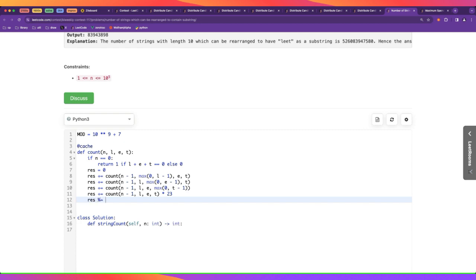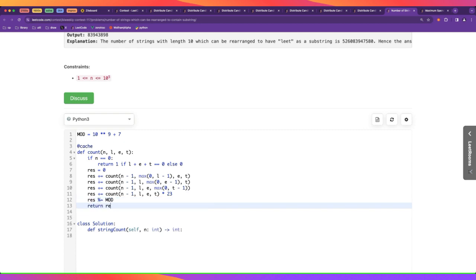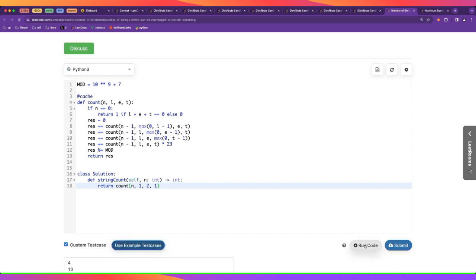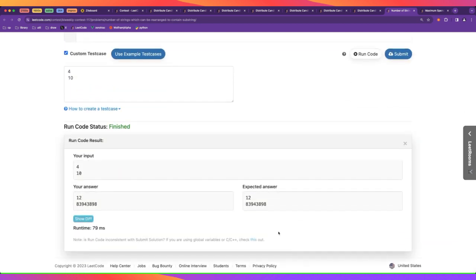So, and now we have to mod, and we return it. And so we want to count how many there are that have n letters, and we need 1 L, 2 E's, and 1 T. So this should be it.